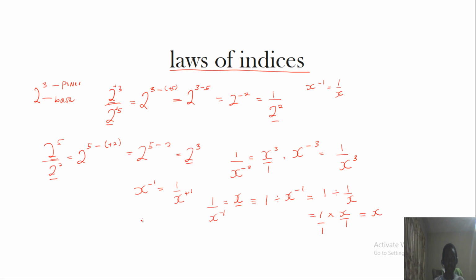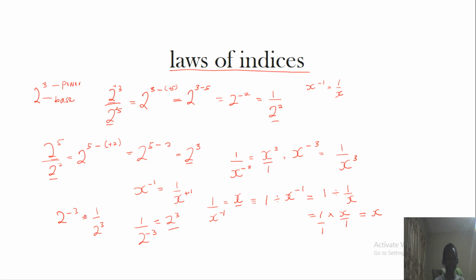Therefore, what we are saying is 1 over x raised to the power minus 1 will give me x, meaning if I have 1 over 2 raised to the power minus 3, automatically this will give me 2 raised to the power 3. The power is changing. Then when you have 2 raised to the power minus 3, it's the same as 1 over 2 raised to the power 3.